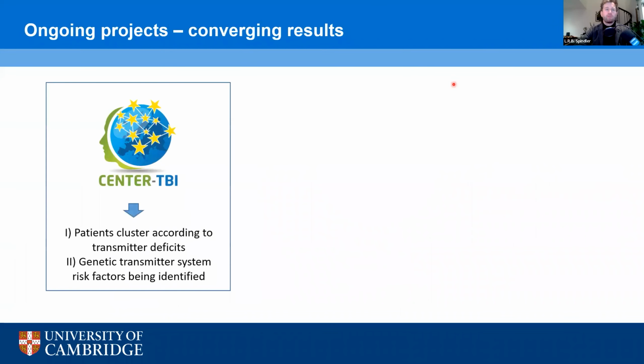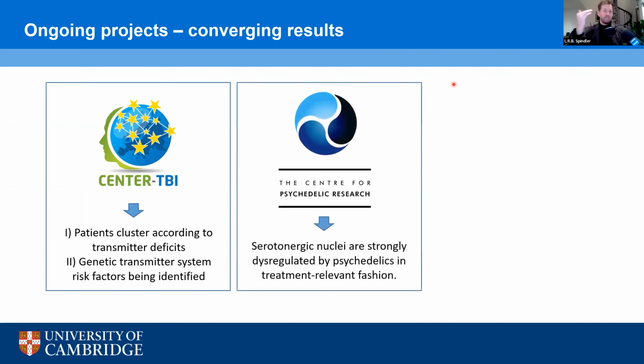And we have various ongoing projects that are doing that in CENTER-TBI, where we see that patients very much cluster according to different transmitter deficits, and they seem to be consistent with various pre-existing genetic predispositions for transmitter systems, SNPs in transmitter system relevant genes, I should say.